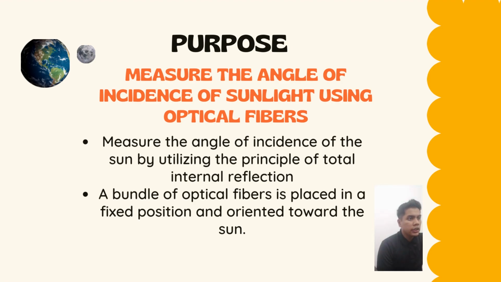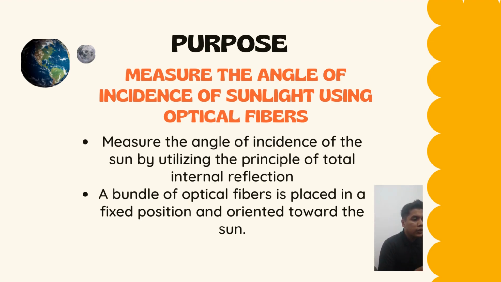So secondly, a bundle of optical fiber is placed in a fixed position and oriented toward the sun. So to measure the angle of incidence of the sun, a bundle of optical fiber is placed in a fixed position and oriented towards the sun.